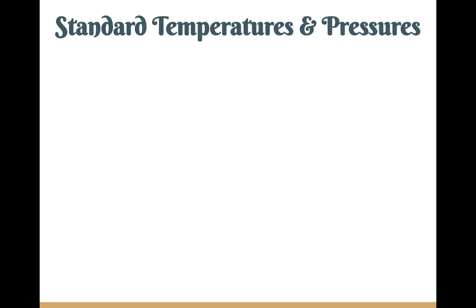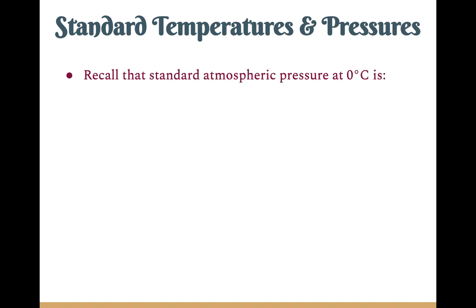Before we do some calculations involving molar volume, we need to talk about standard temperatures and pressures and what that means. Recall that standard atmospheric pressure at 0 degrees Celsius was 1 atmosphere, or converted into different units, 101.3 kilopascals or 760 millimeters of mercury or torr.